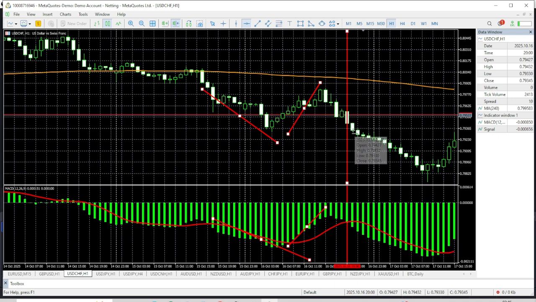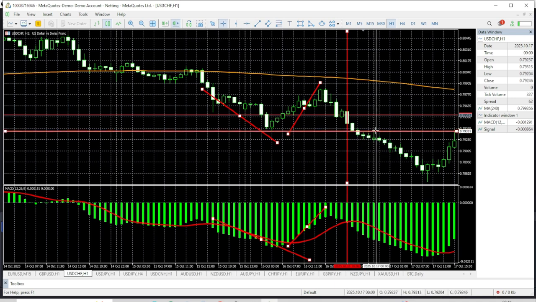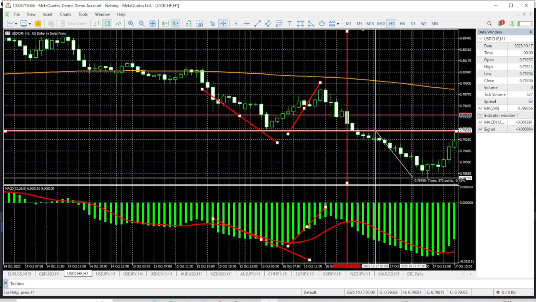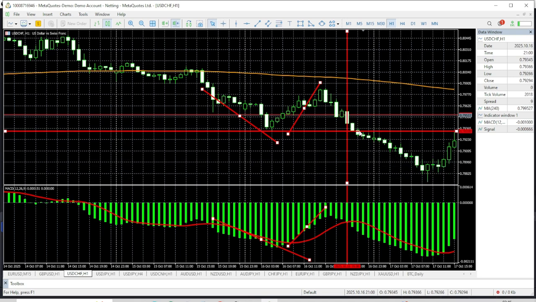The low minus 3 to 5 pips becomes our entry, and then you just enjoy the market, because at this point the momentum of the market has become very strong.